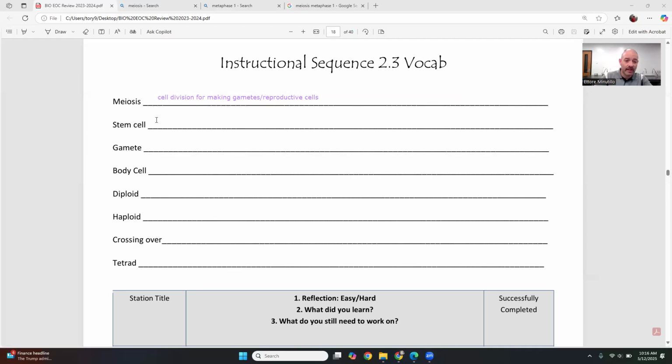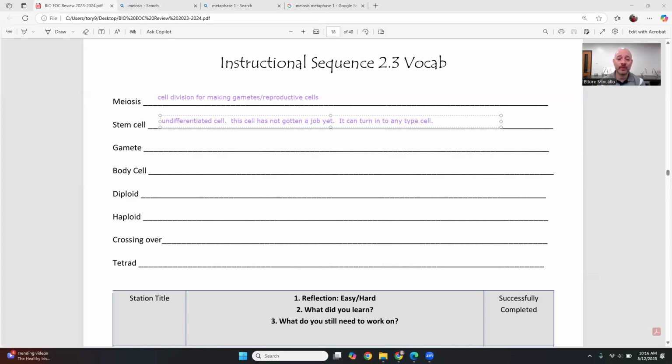Stem cell. We didn't really talk about this one specifically, but let's make sure we bring this up. A stem cell, if you look it up, would say an undifferentiated cell. This cell has not gotten a job yet. It can turn into any type of cell.